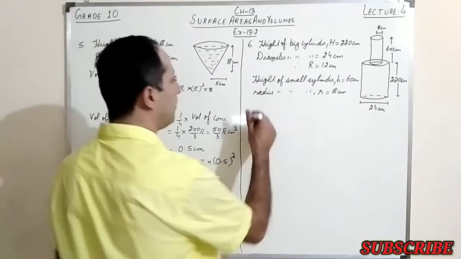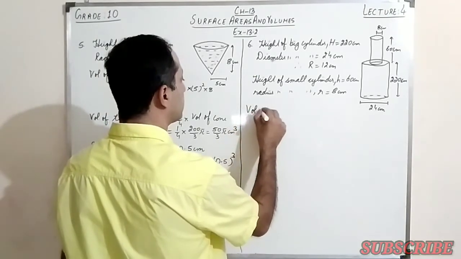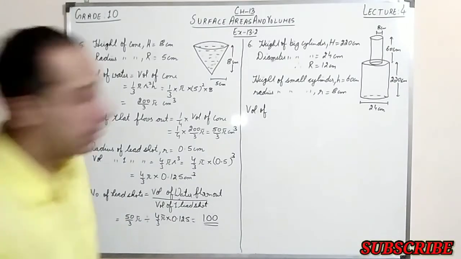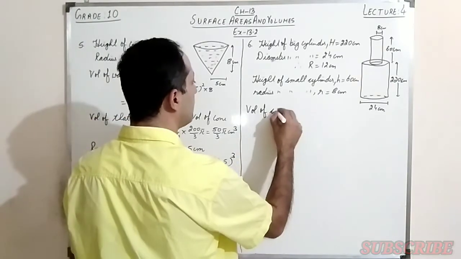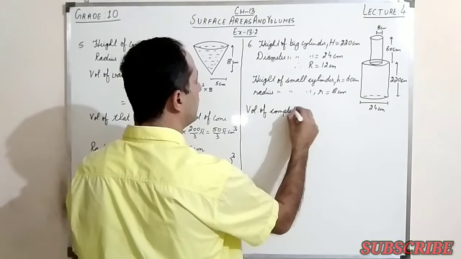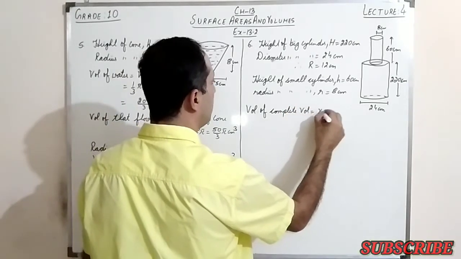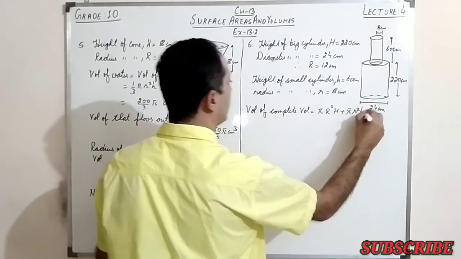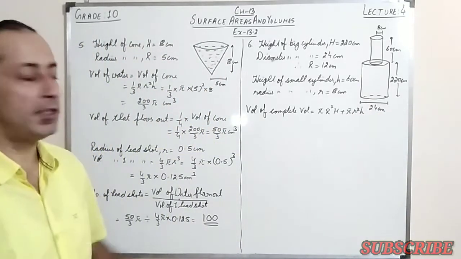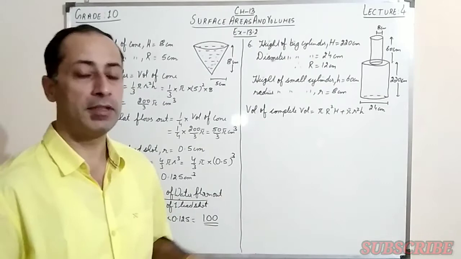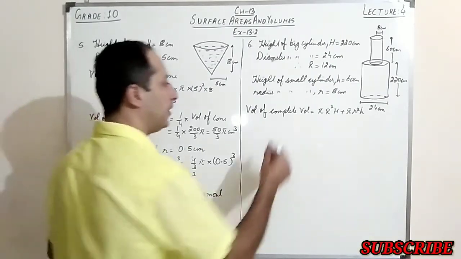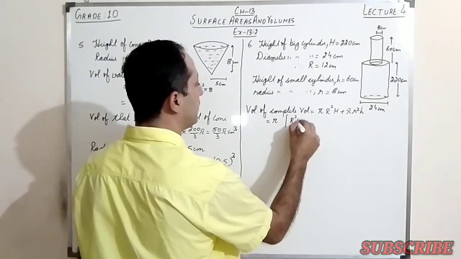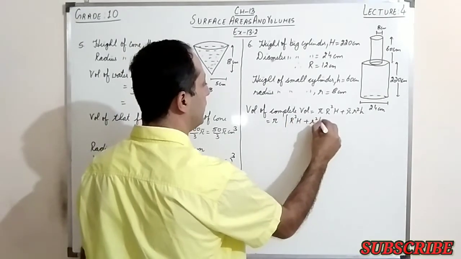So the volume of complete pole is equal to pi R square H plus pi r square h. Both the cylinders, the formula will be same, only the difference will be in the symbols. The radius and height would be different. So we can take pi common here. So inside the bracket I have R square H in the capital and r square h in the small.